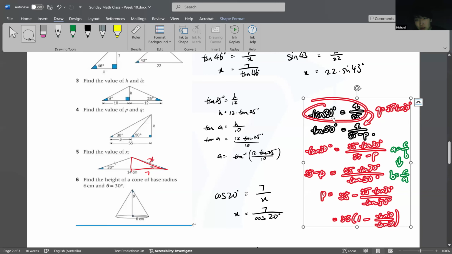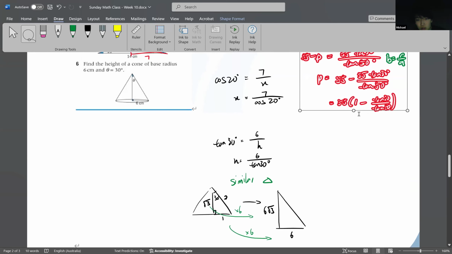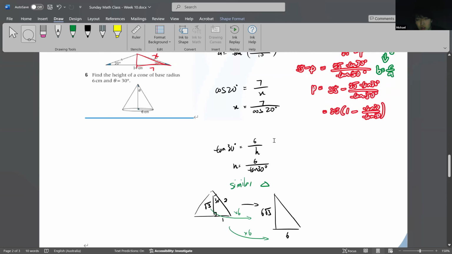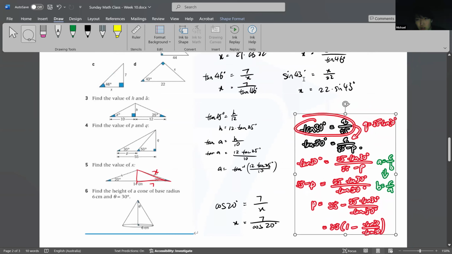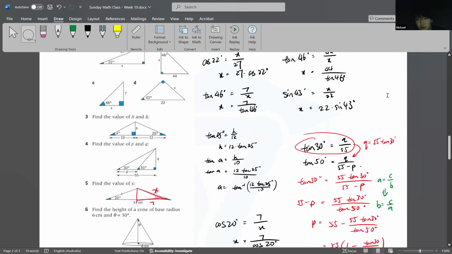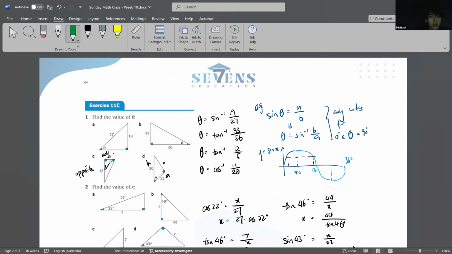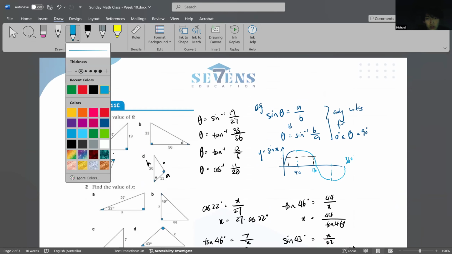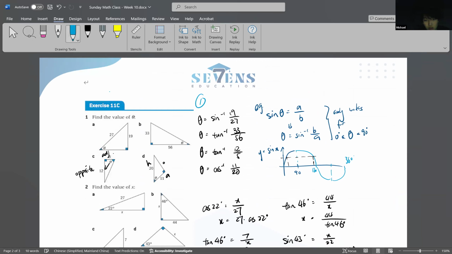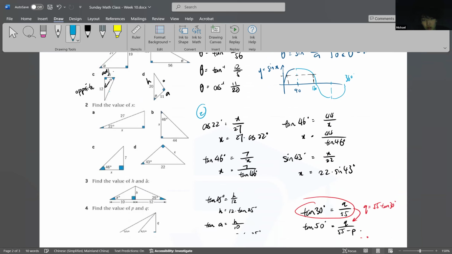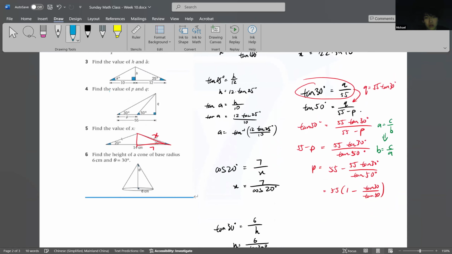But look at this lag on my computer. I'm gonna label the questions we did. This is question 1. This is question 2. This is 3, 4, 5, 6.